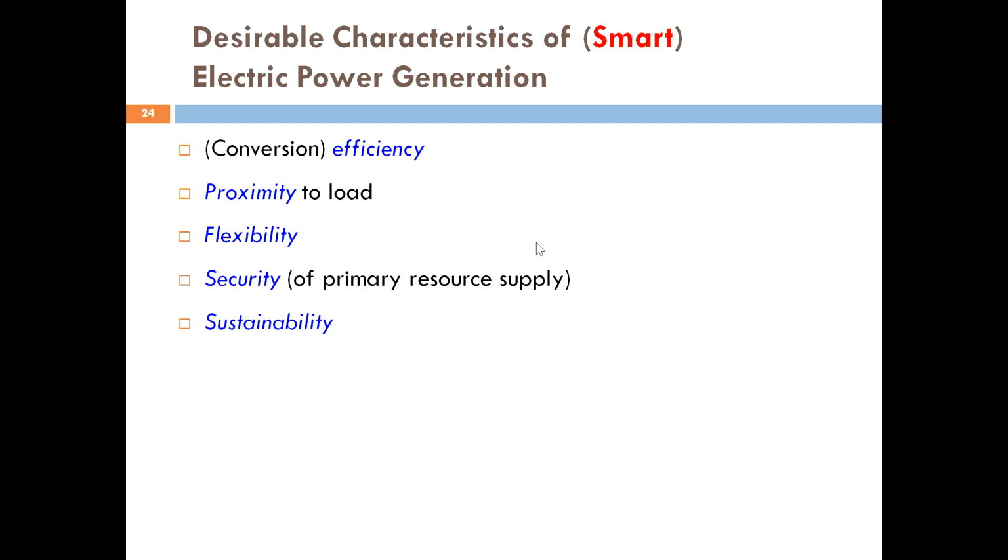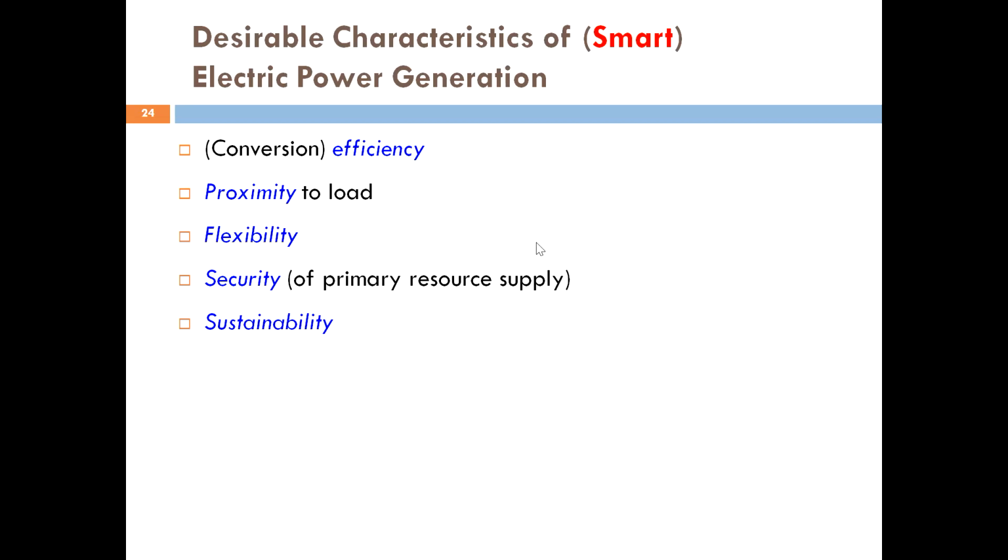Ideally we want to improve the conversion efficiency of power generation because this does affect a lot of things such as the cost to the utility as well as the cost to the end consumer. There is also an environmental cost and many other factors.